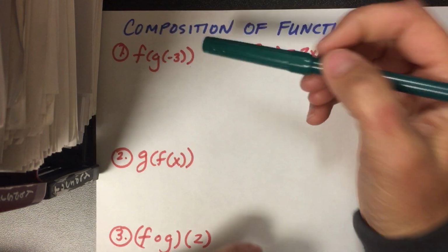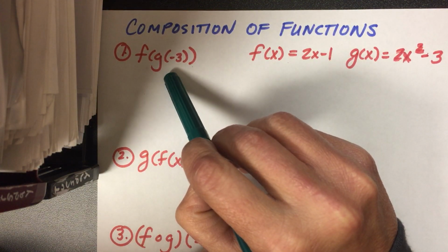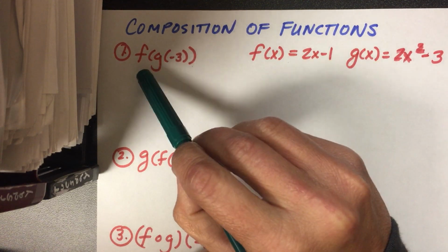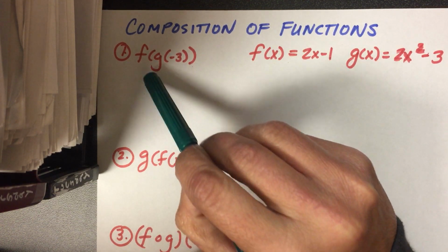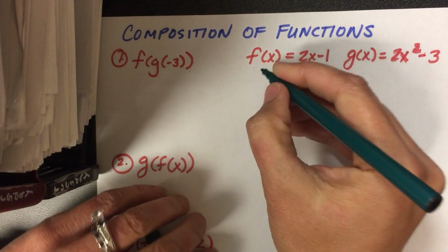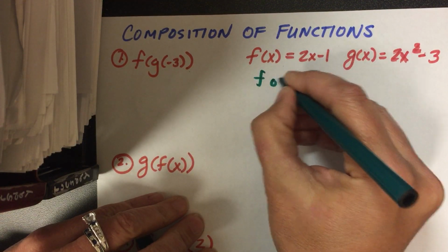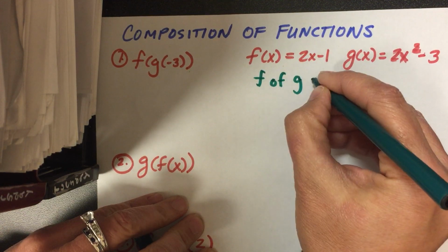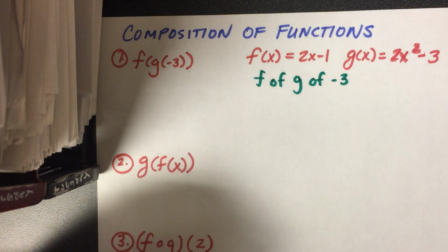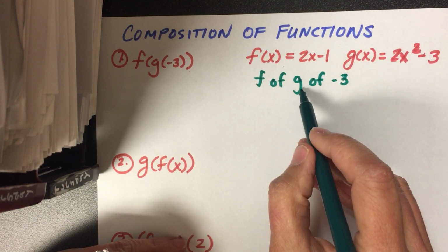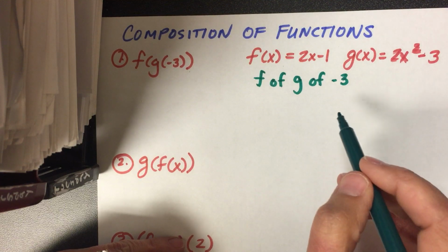So let's look at this example right here, number 1. I have f of g of negative 3, and that's how you write it. So if you're wondering how to say it properly, we say function of g, function of negative 3.